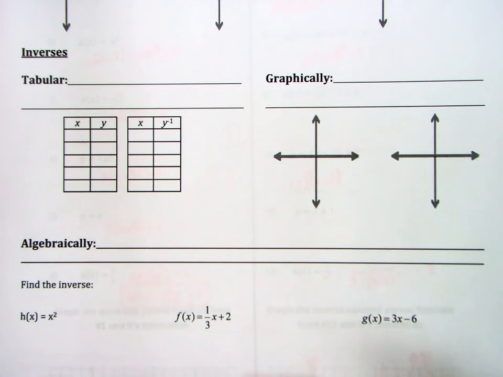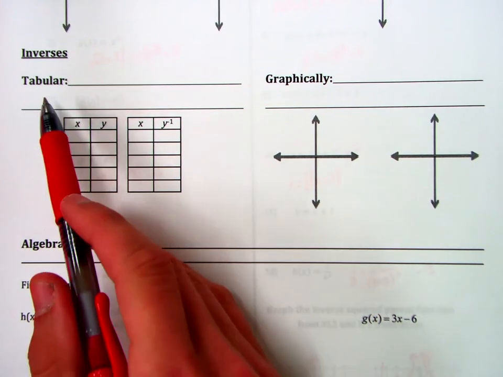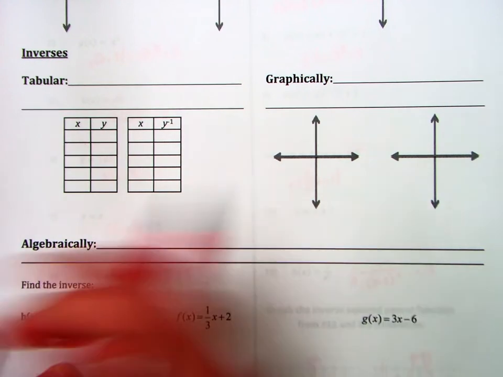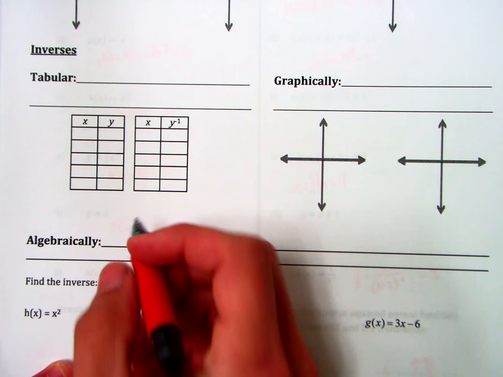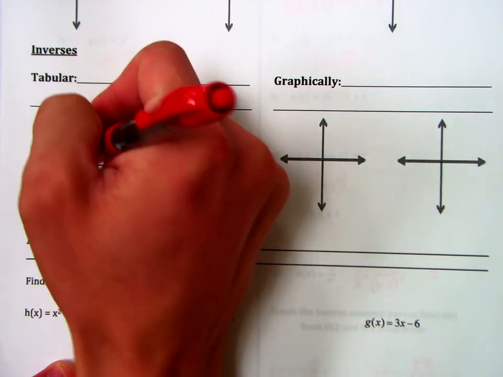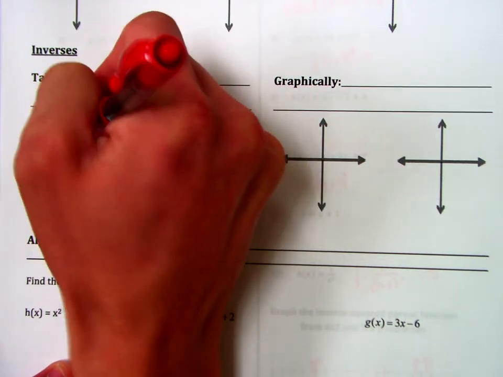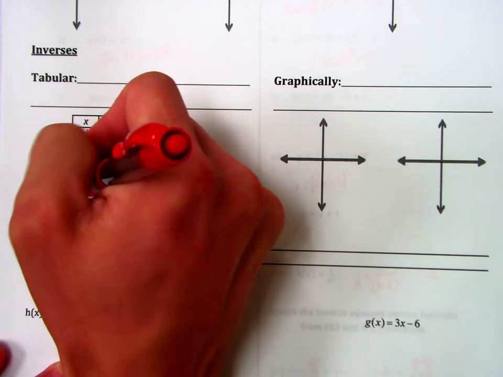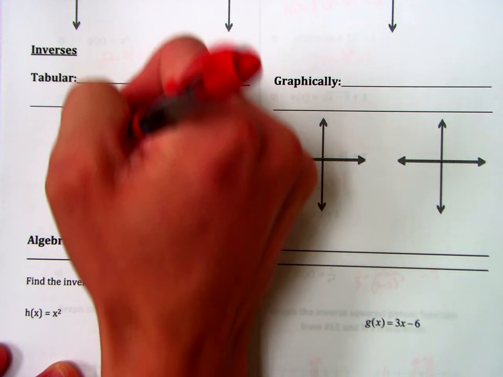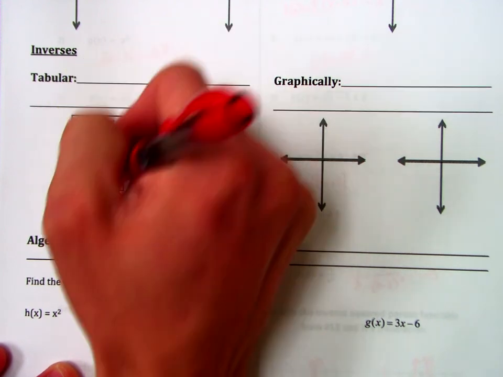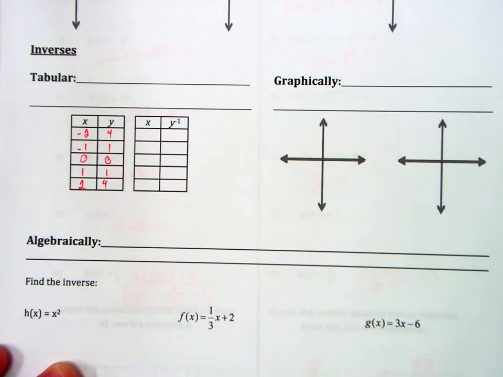So inverses. Speaking of the tables, if I had some values in this table, let's go ahead and do just the quadratic parent function. So let's orient it around 0: -2, -1, 0, 1, and 2. At 0, I know I'm at 0, then 1, 1, 2, 4, 4, something like that.